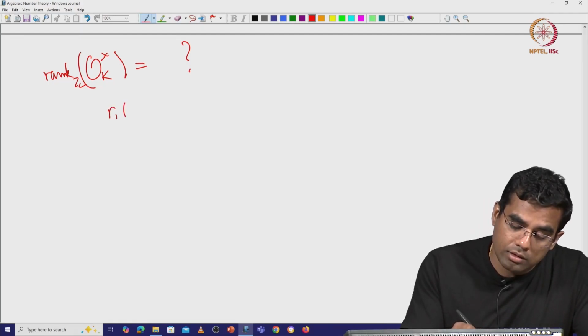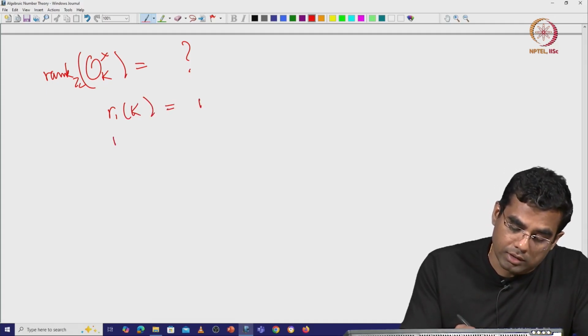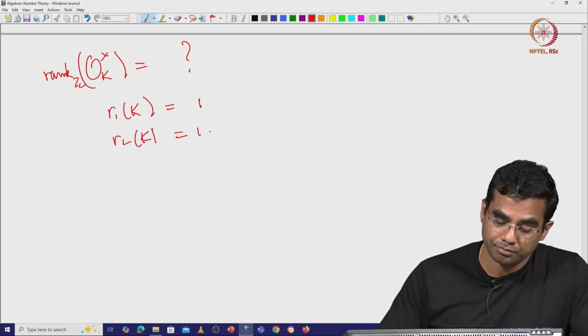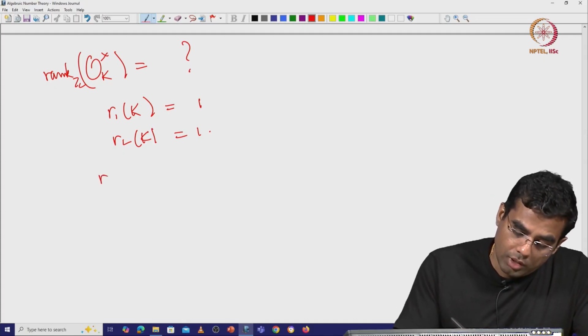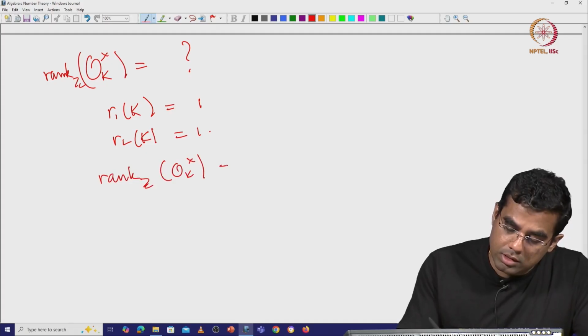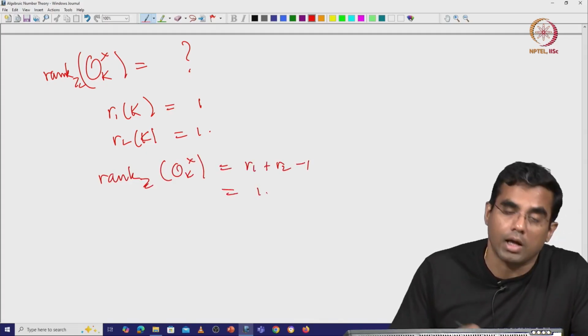So, R1 of k, which is the number of real embeddings of k, is equal to 1, and R2 of k is also 1, right. And so, rank of OK cross, this is R1 plus R2 minus 1, which is 1.